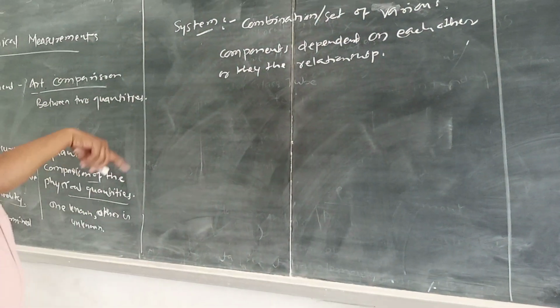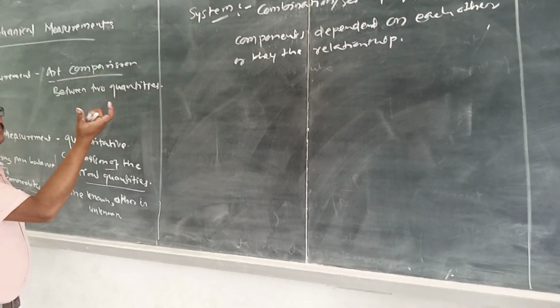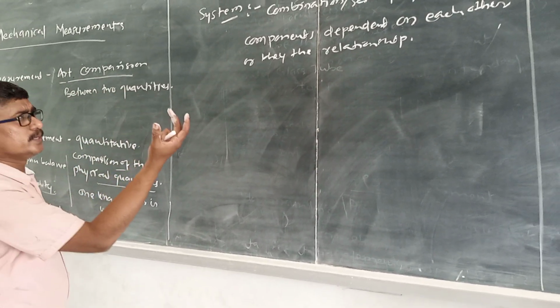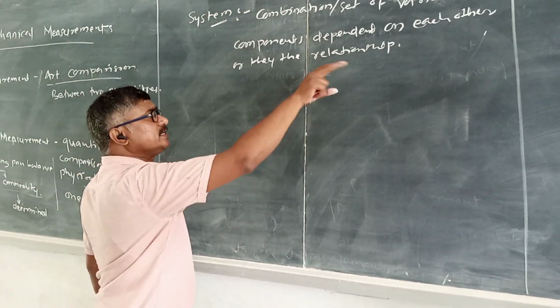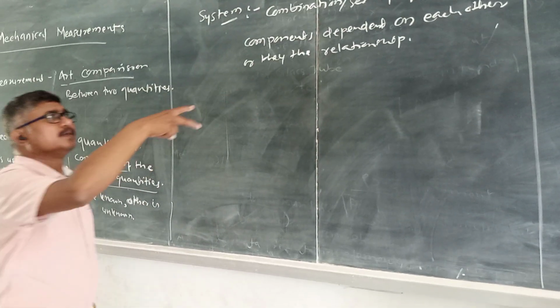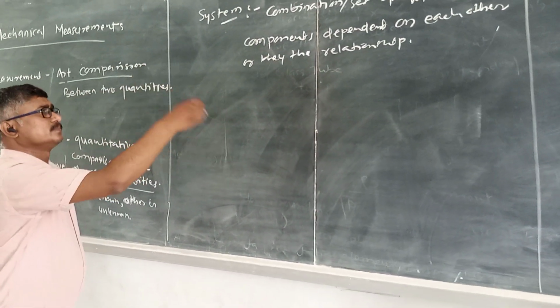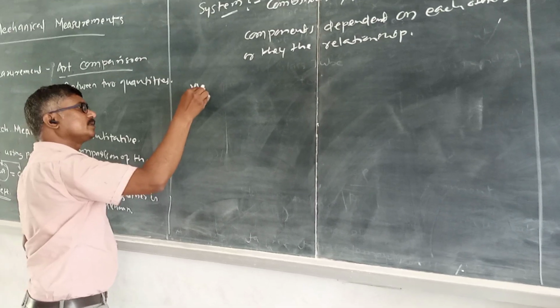So when we make a combination of various components which have an interrelationship, then they are termed as a system.